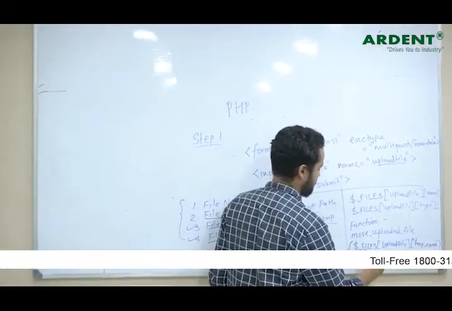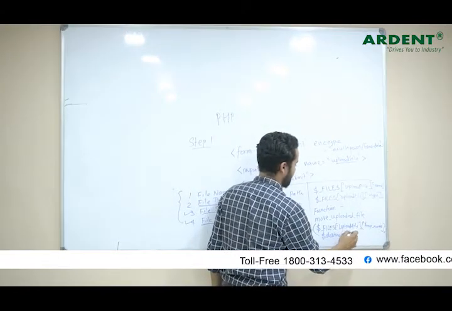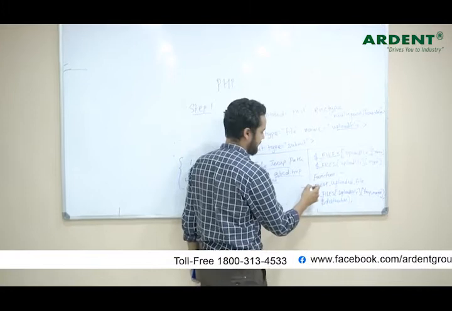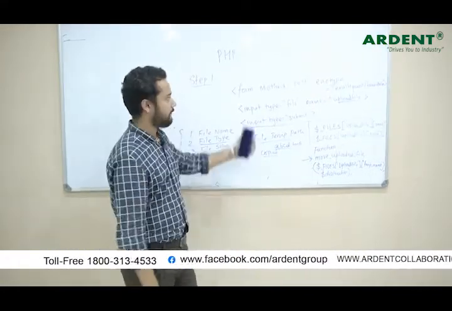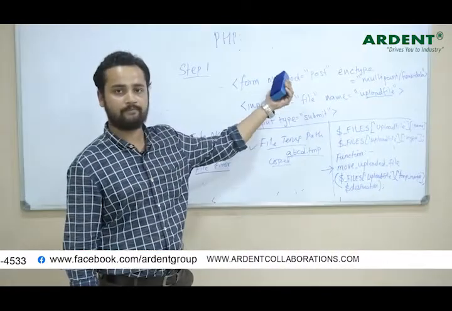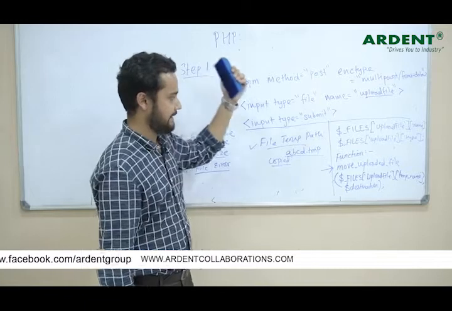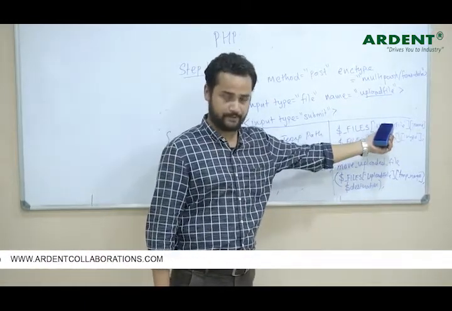Let's assume the variable name is destination. Once you fire this line of code in a PHP file, the file which you try to upload from the form will directly get uploaded to your server working directory, right?